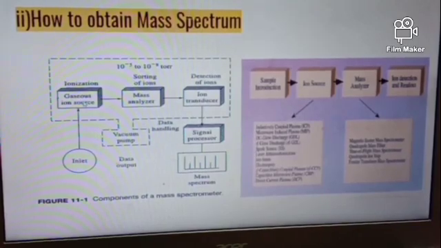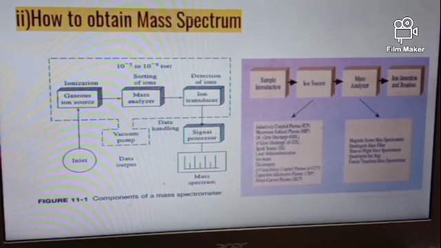Alternatively, ionization is accomplished by applying thermal or electrical energy. So the output of the ion source is a stream of positive or negative gaseous ions that are then accelerated into the mass analyzer.